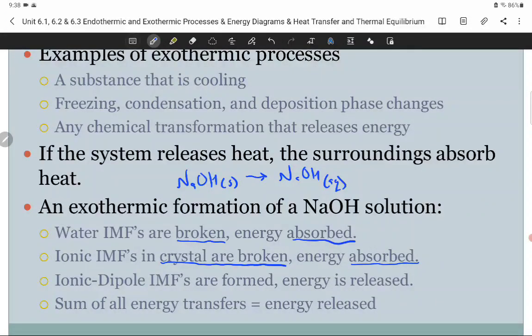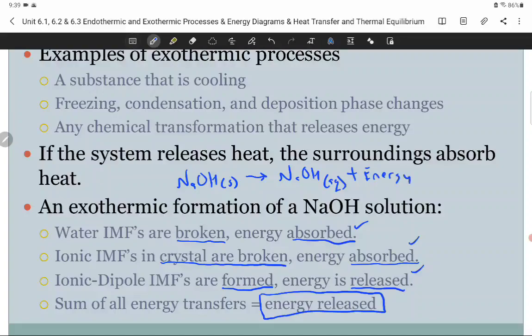And then you need the cation to attract to the oxygen side of water and so forth. That would be forming intermolecular force bonds, and energy is released. When you add up these three, not like the last example, energy is released. So energy would be over here.